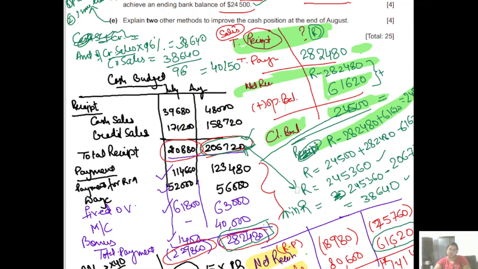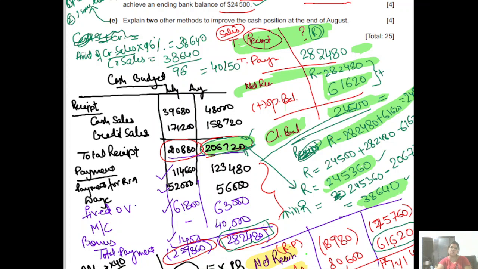Then find out how much the increase in receipt is. भाई पहले कितना था, अब कितना हो गया? पहला था 206,720 and now it is 245,360. ओके, तो कितना बढ़ गया? 38,640 बढ़ा है रिसिप्ट. ओके, क्यों बढ़ा है? Because we want the closing balance this much. हमने जब क्लोजिंग बैलेंस कैश का बढ़ाया है तो इतना भी तो बढ़ाया है.